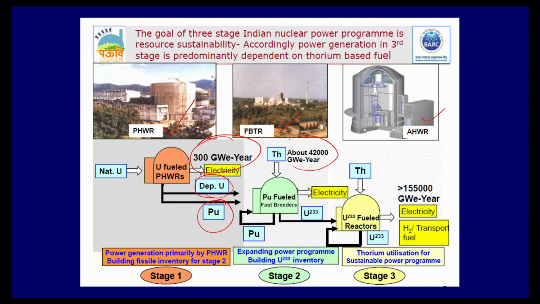At the 2nd stage we would like to produce 40 to 1000 gigawatt electricity per year, and then in the 3rd stage we will use this much gigawatt electricity. Power generation is primarily by the PHWR, building fissile inventory for stage 2, and stage 2 will expand the power program, building the uranium-233 inventory.